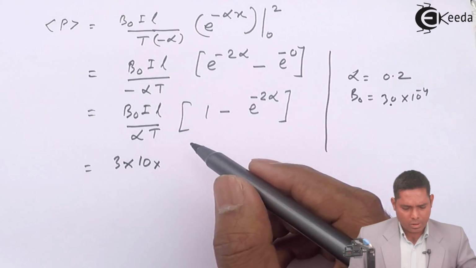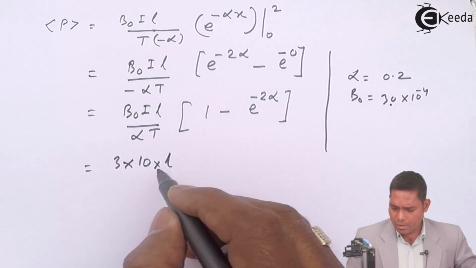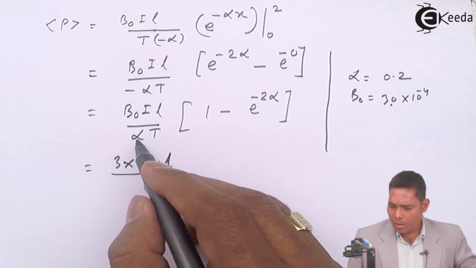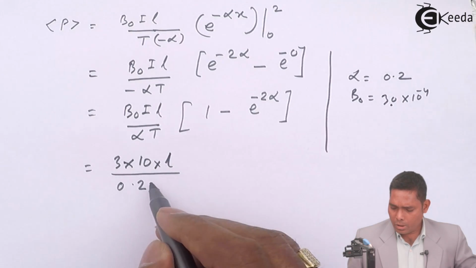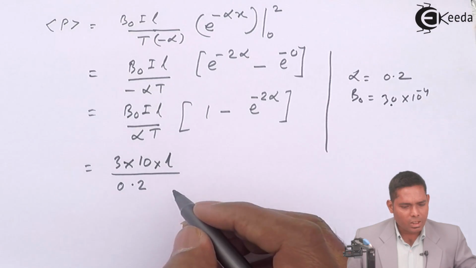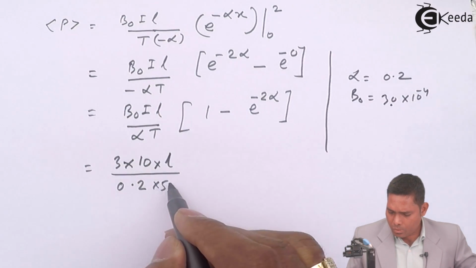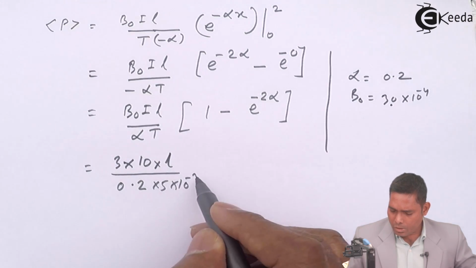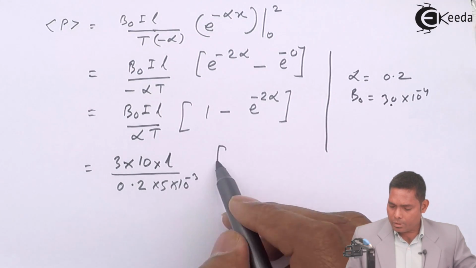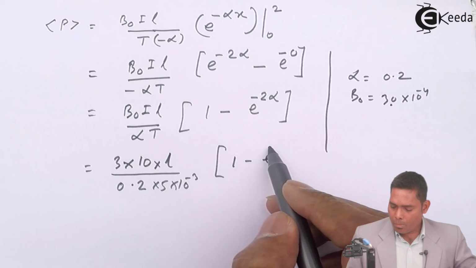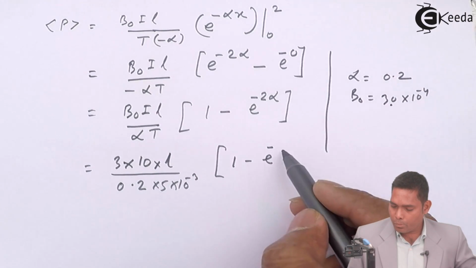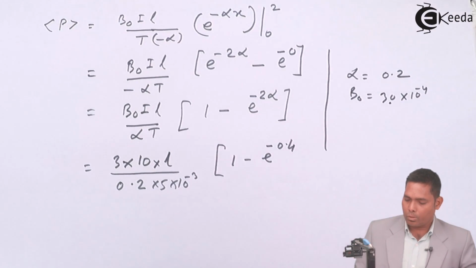Alpha is 0.2. T is given as 5 millisecond, that is 5 into 10 raised to minus 3. In this time this is happening, and this is 1 minus e raised to minus 2 into 0.2, which is 0.4.